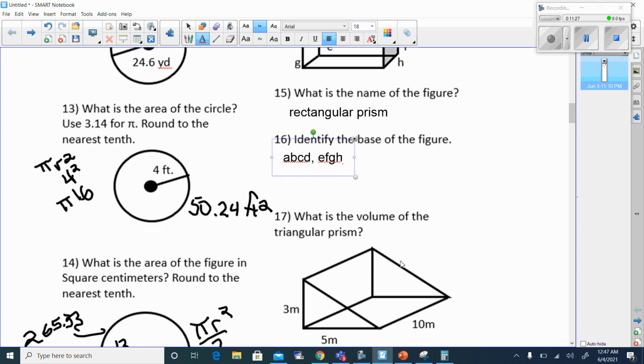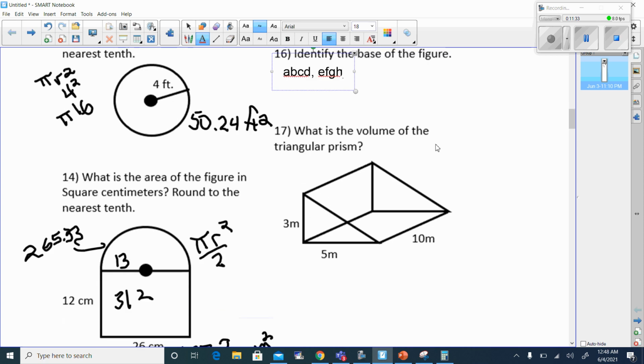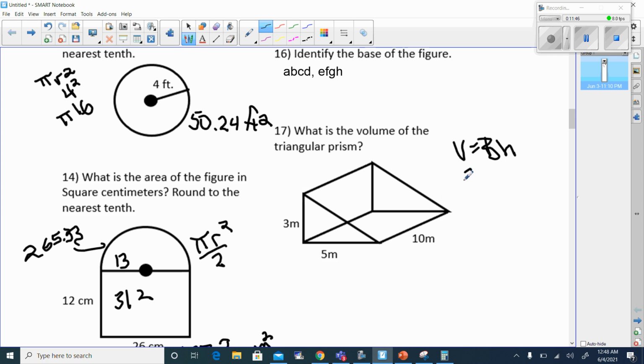All right. Next it says, what is the volume of this triangular prism? Remember, the volume formula is volume equals the base times the height. The base is going to be the triangle, and the triangle is 1/2 the base times the height. The base of this is 5, and the height of this is 3.